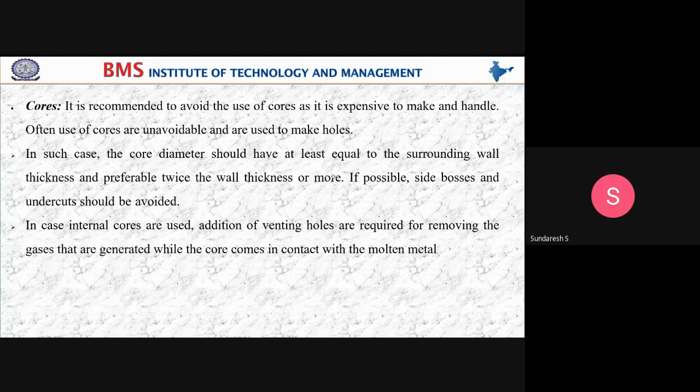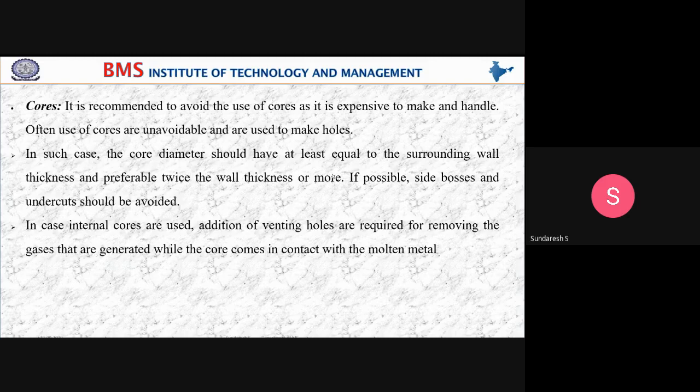In case internal cores are used, venting holes are required for removing the gases that are generated while the core comes in contact with the molten metal.